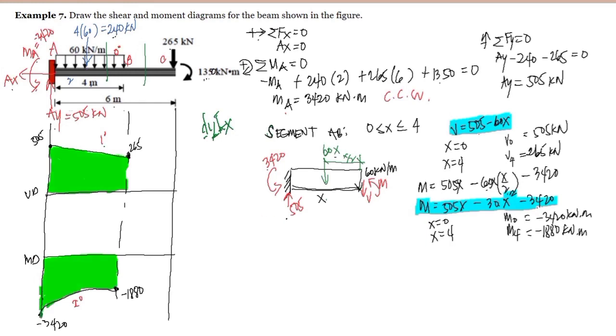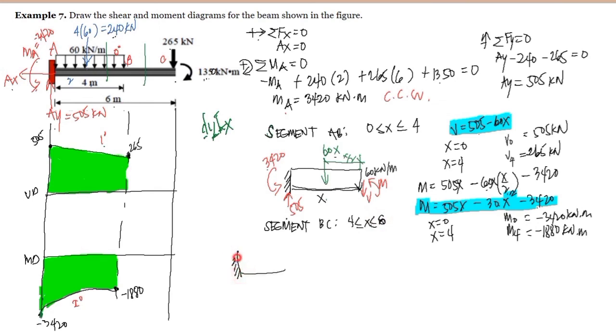And for the segment BC, we have the limit from 4 to 6. So this is 4 less than or equal to x less than or equal to 6. Okay, so this is our section.